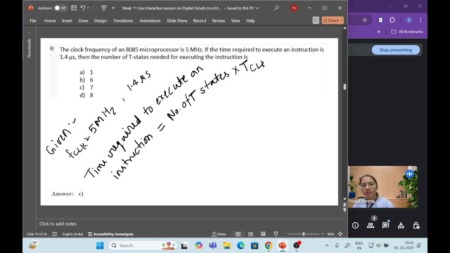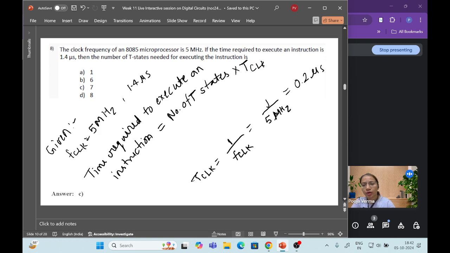F clock is given, so we can find out the T clock, right? T clock is equal to 1 by f clock, so 1 by 5 megahertz, then we will get 0.2 microsecond, right?